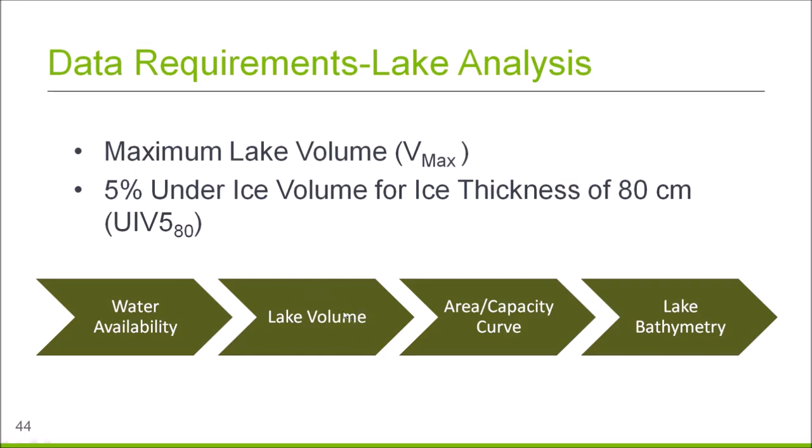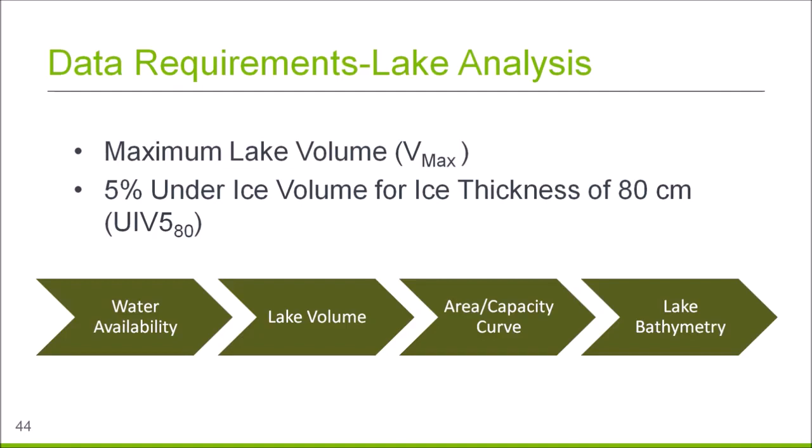Lake volume is usually provided in terms of area capacity curves. Area capacity curves are a set of curves that show how the volume and surface area of a lake change with elevation. In order to find these area capacity curves, we do need lake bathymetry. So that's one thing.